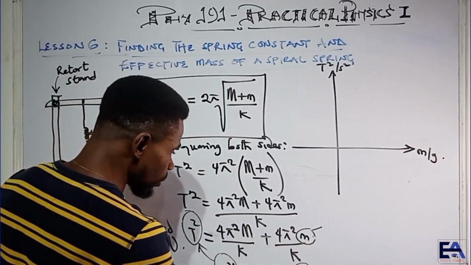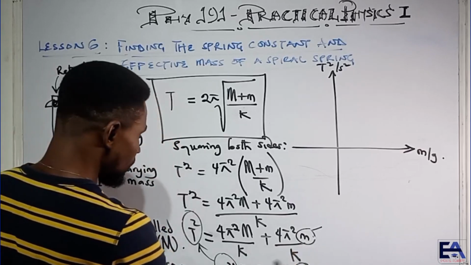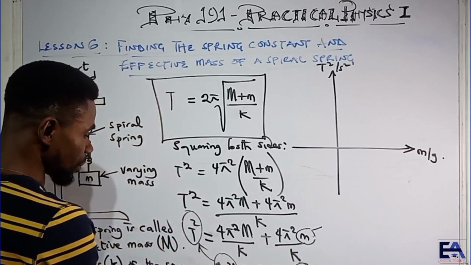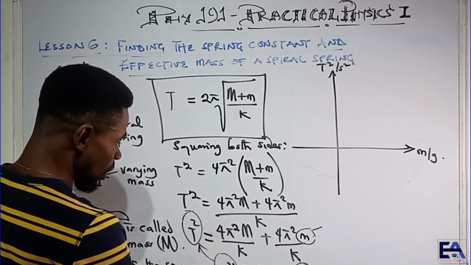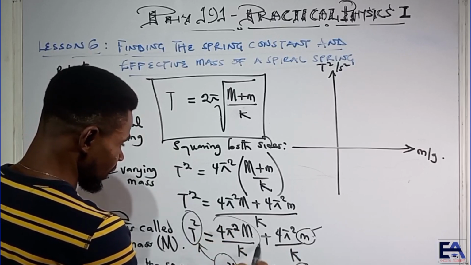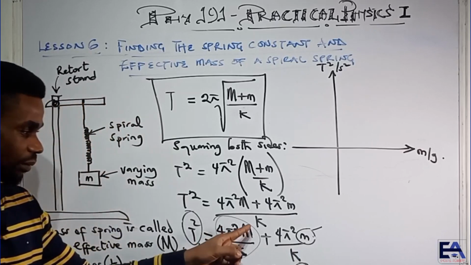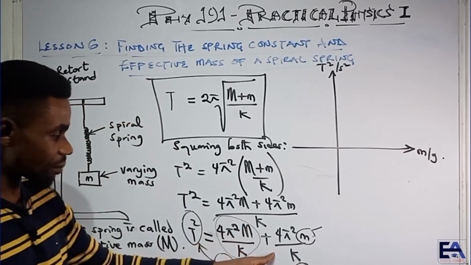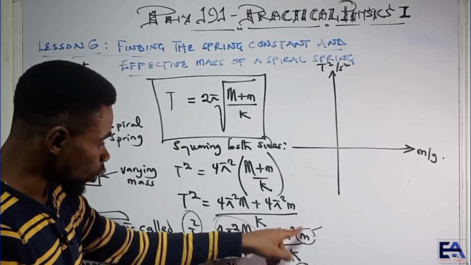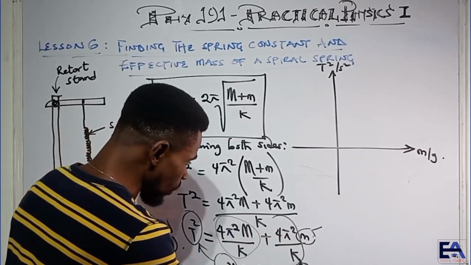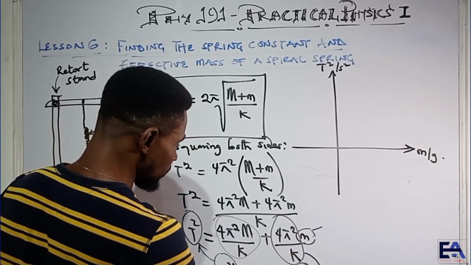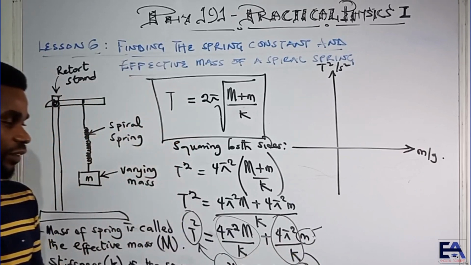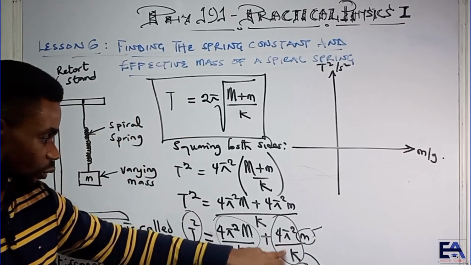Because m is a variable, we take it as our x, and y is also a variable, but every other thing is constant. So our c, the intercept, is 4 pi squared big M over k. And then plus 4 pi squared over k on its own, which is equivalent to the slope of the graph. So the slope of the graph is 4 pi squared over k.